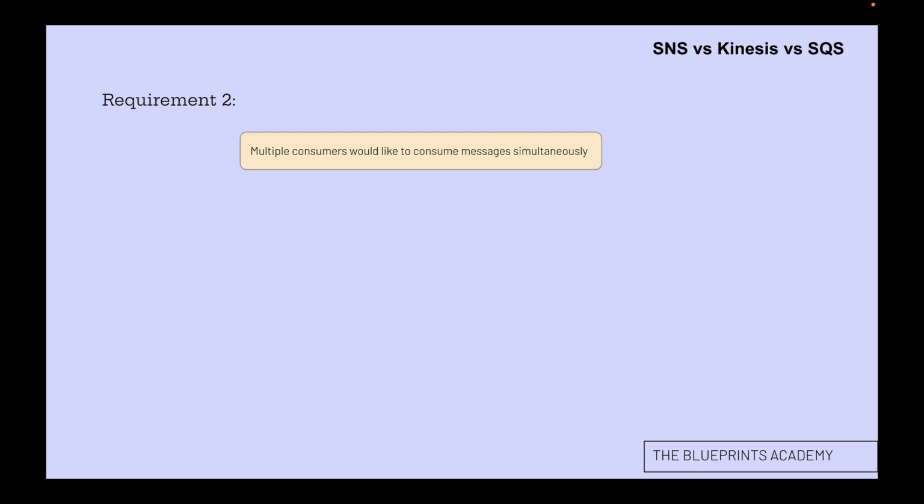Now let's understand how each service will behave in this case. So for AWS Kinesis, we can of course store events. These events can then later be available to be consumed by n number of consumers. So Kinesis works perfectly for this requirement. What about SQS?